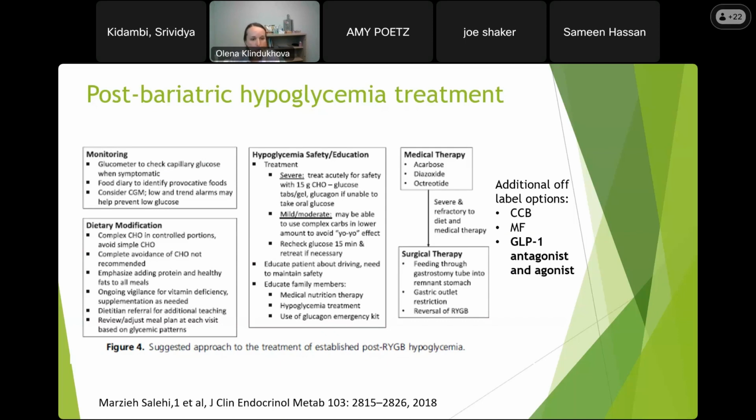Then patients will need to get educated on acute hypoglycemia treatment. Our medical tool box is very, very small, and options are extremely limited. The only FDA-approved option for post-bariatric hypoglycemia presently is diazoxide. I don't know if you guys have used it before.